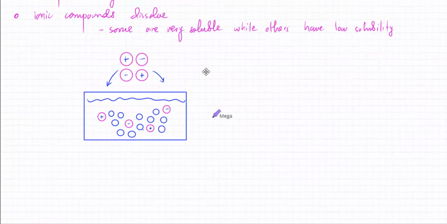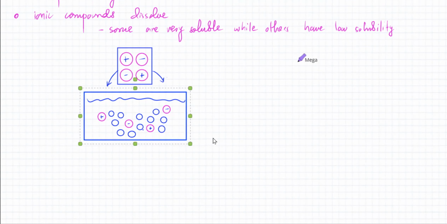Okay, now the next question is, why are certain ionic compounds more soluble compared to the other ones? So remember, if you have a very strong ionic lattice, it all depends on the strength of the lattice. I mean, this crystal over here. If the lattice is very strong, then dissociation will not happen. The ions will not scatter in water by just stirring it with a spoon. Like marble is calcium carbonate.